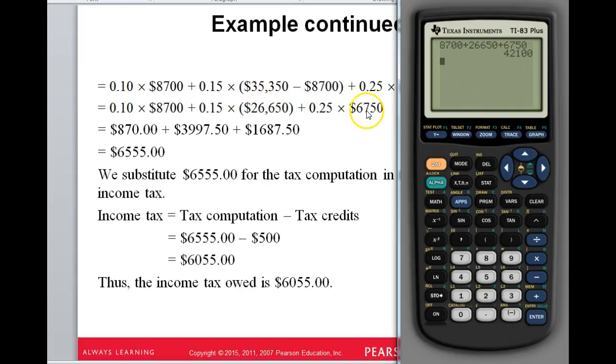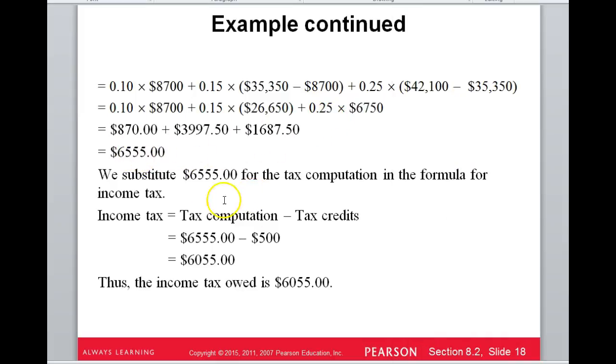Just a small portion is falling into the last one. But there is her tax computation, and then we subtract the tax credits that she gets, and she is left to owe $6,055 in income tax. That's her calculation.